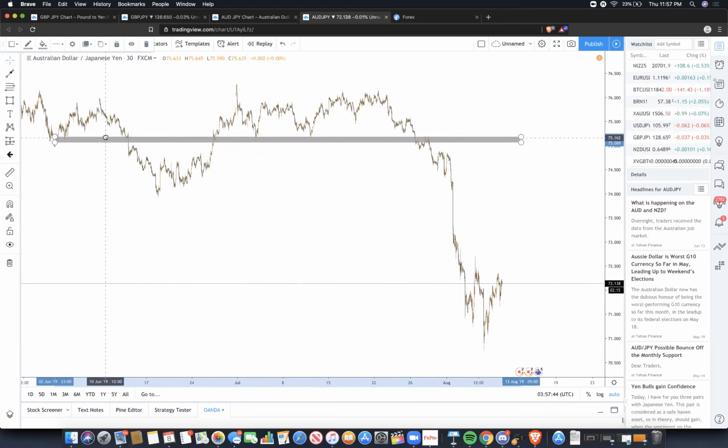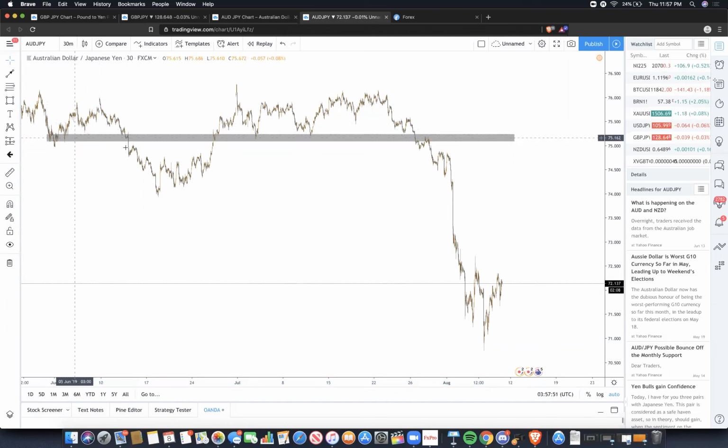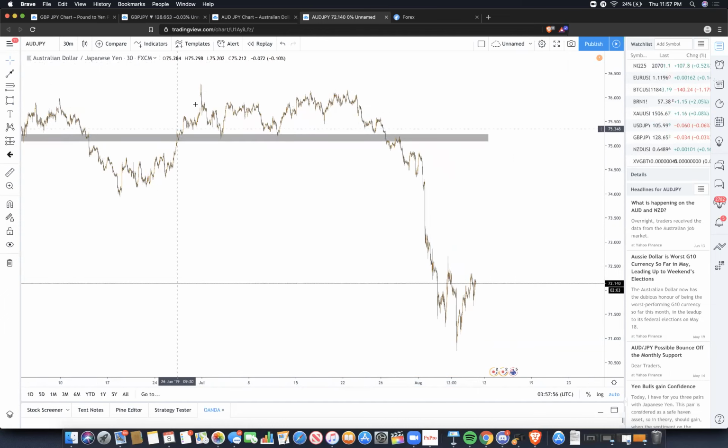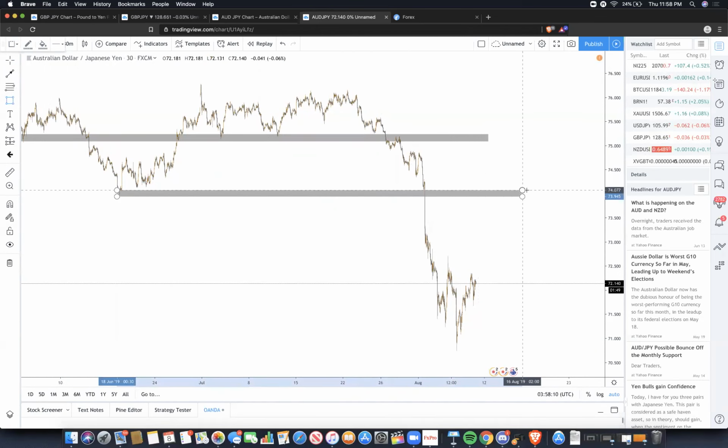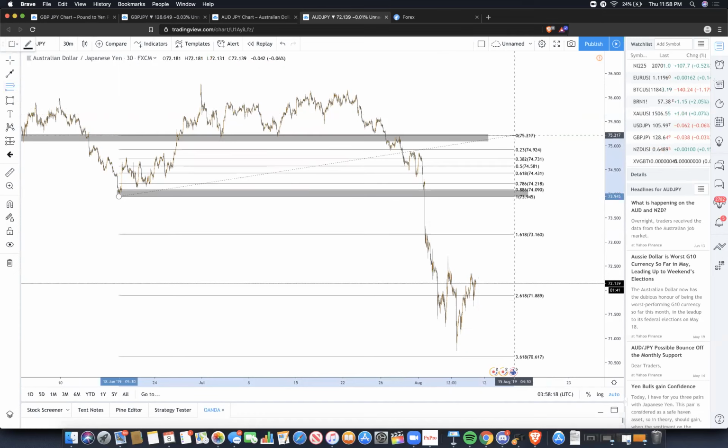So here's the zone. Let's do this zone right here, from low to low. The market broke out, retested, and kept going. When the market broke this level, it retested here. So I'm going to draw my Fibonacci from this zone, measuring from low to low.